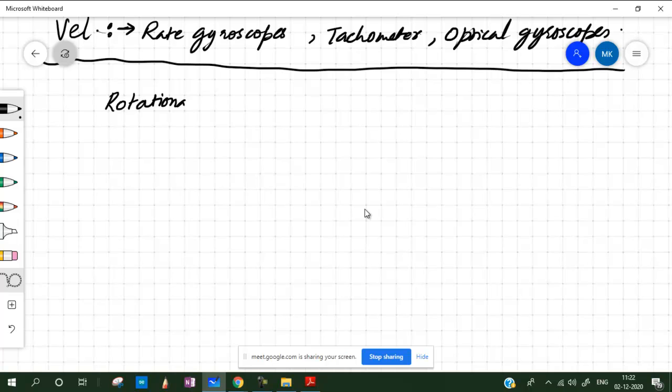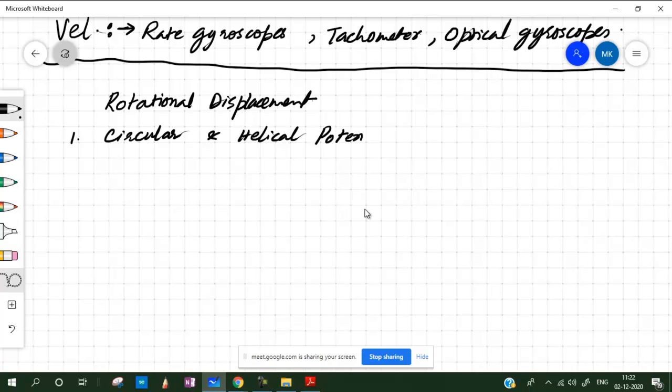The rotational displacement can be measured using circular and helical potentiometers, which we popularly call pots. We use these potentiometers in mechatronics and in all such applications, so I hope you are aware.